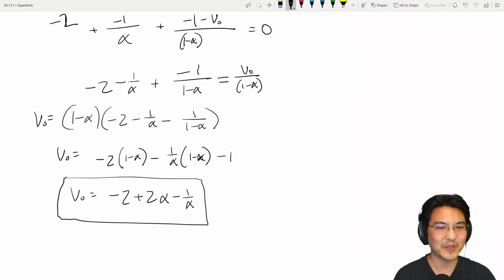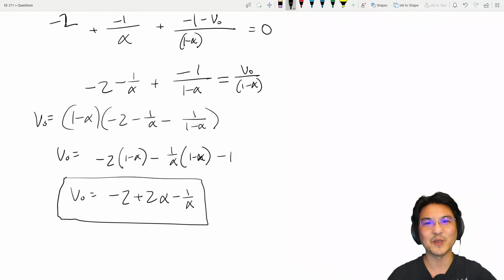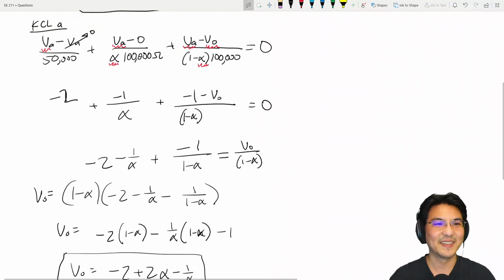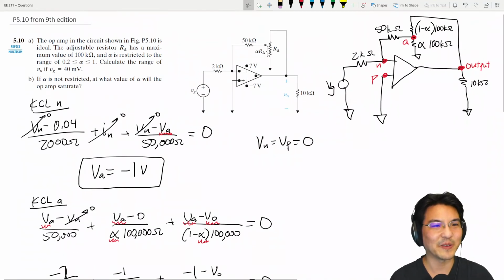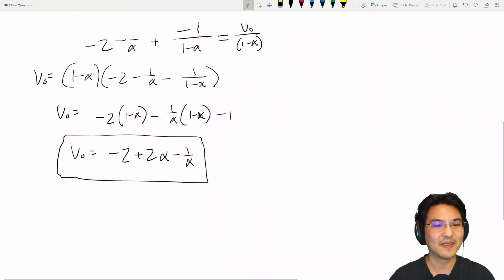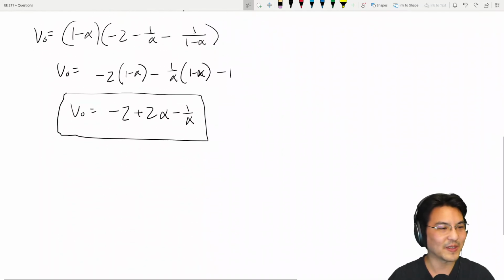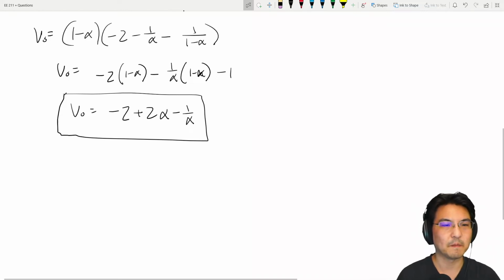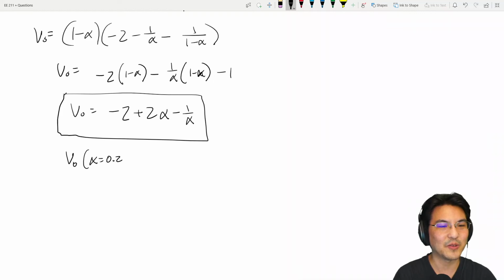So that's the output voltage as a function of how much you turn that potentiometer dial. And then, actually, we wanted the range. So you just plug in these two numbers, when alpha is 0.2 and alpha is 1. Let me just pause and punch in the calculator so you have some numbers. So when alpha is 0.2, minus 2 plus 0.4 minus 1 over 0.2, which is 5.